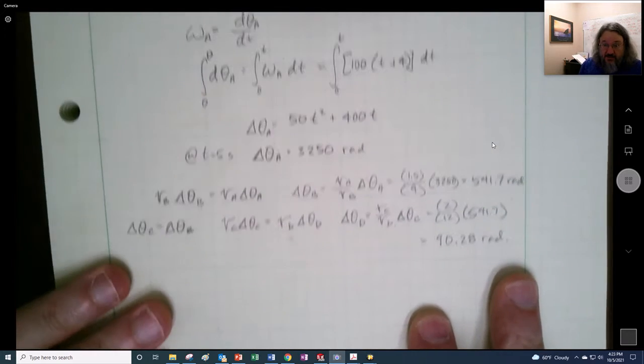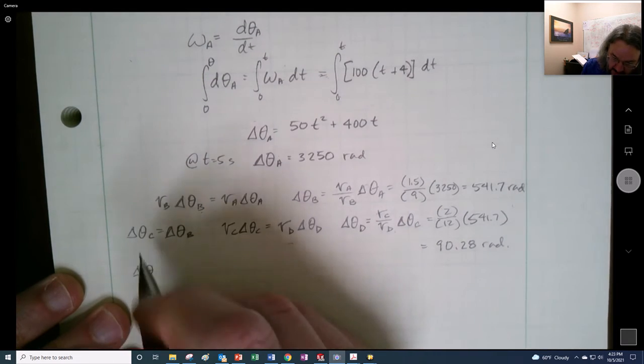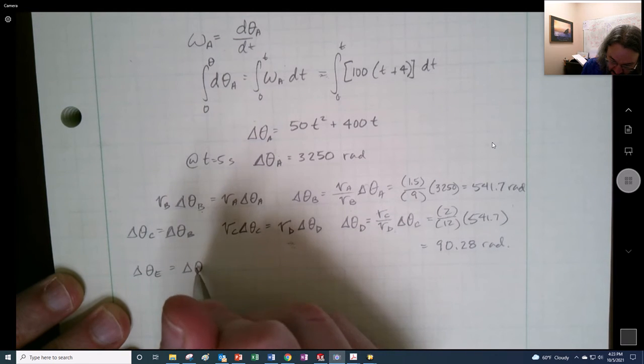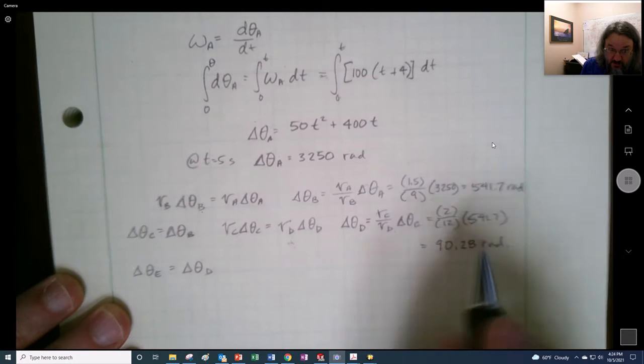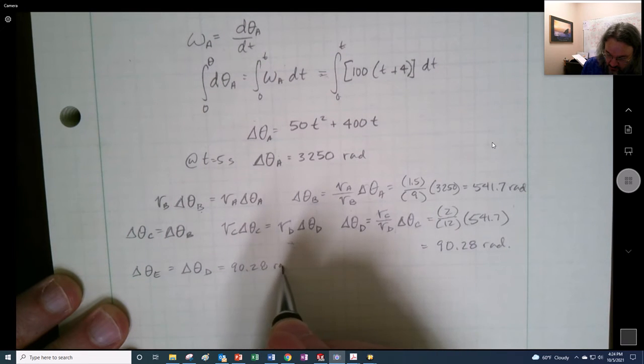And lastly, we know that delta theta E equals delta theta D, which equals 90.28 radians.